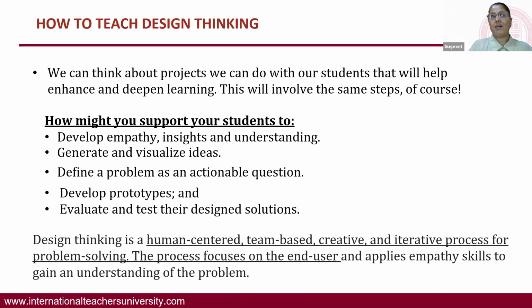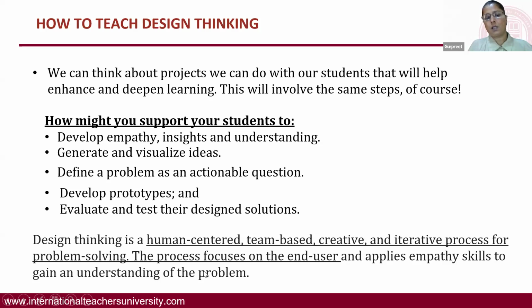The students are working on solutions. They're not focused on the problems. They think about the different solutions to the same problem. So it is human-centered. It means it is student-centered. It is team-based. It is because it is a collaborative strategy. It is a creative, iterative process for problem solving.